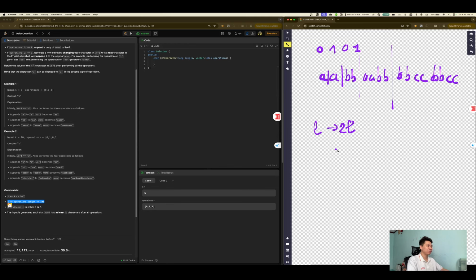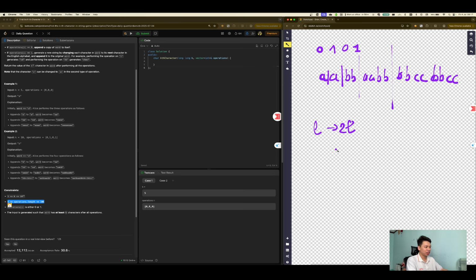Why did we get that? Just some trial and error. I mean, because our length is 2 to the power I, and we need to find some I that covers the K, right? So after taking the log, it's gonna be log 2 of K less than I. This is I, and so just take the log and round up.